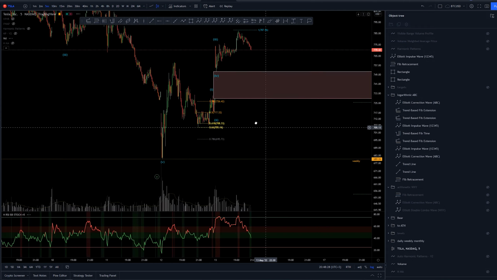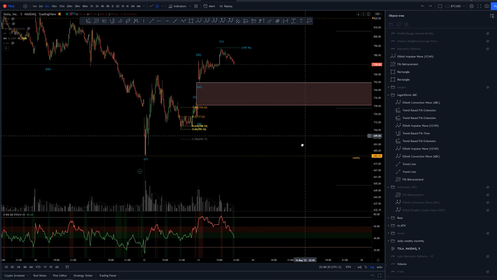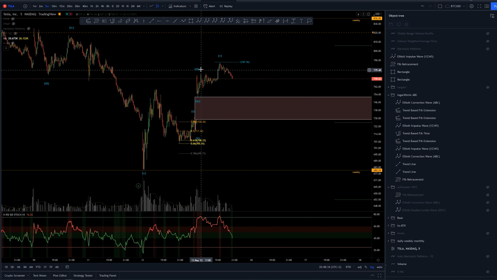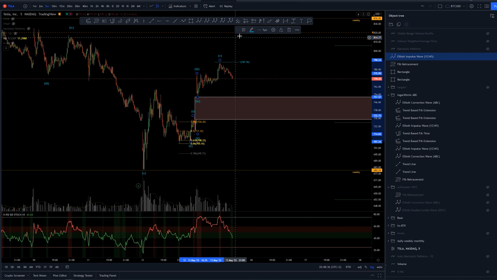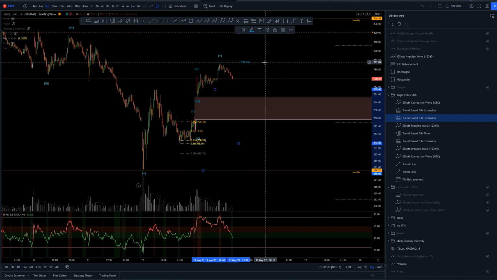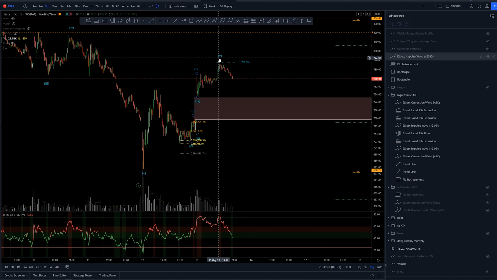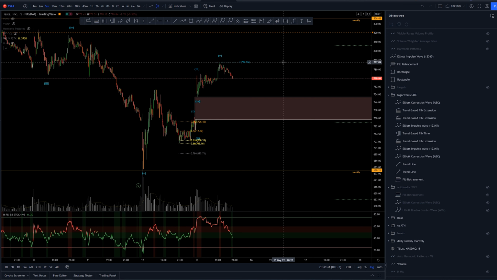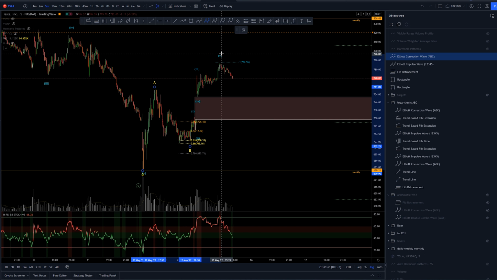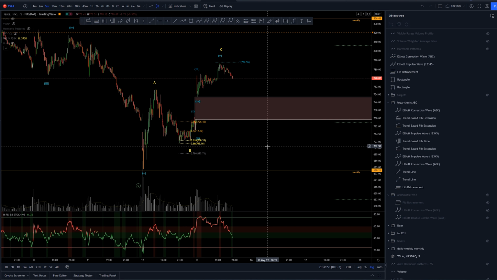Now if this is the case, I don't see this being just 1 degree lower than this one. So why is that? Just because we tapped the 1-to-1 extension. As we are currently coming down, to me this looks more corrective. If they are same degree, this is definitely an ABC.